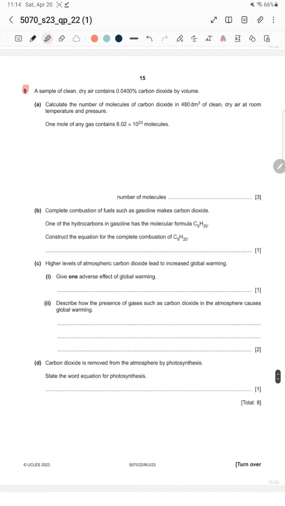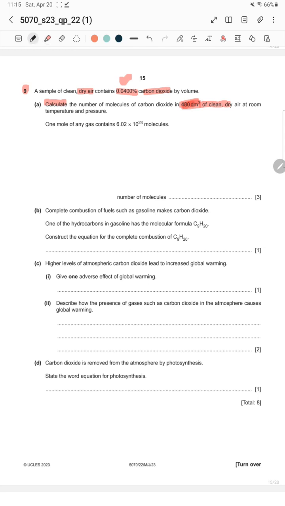Dear students, question number 9. This is from the topic moles and stoichiometry. Now a sample of clean dry air contains this proportion of carbon dioxide, and we have to calculate the number of molecules of carbon dioxide in this much proportion of clean dry air. Firstly, we will see how much is the volume of carbon dioxide with this percentage in this volume.